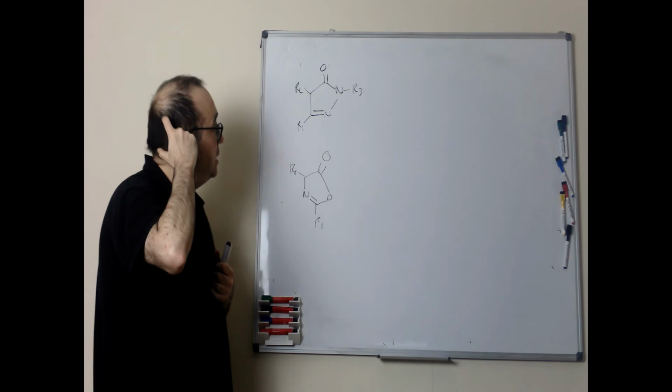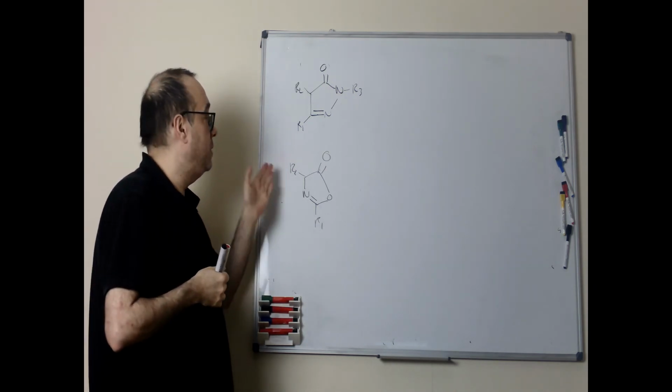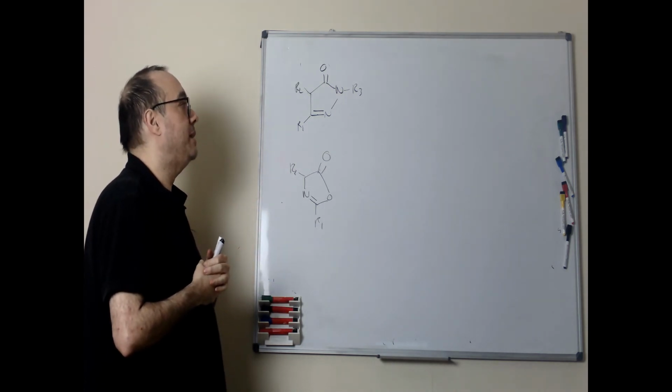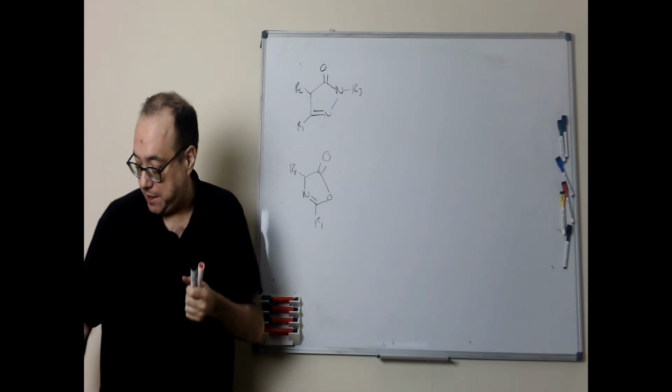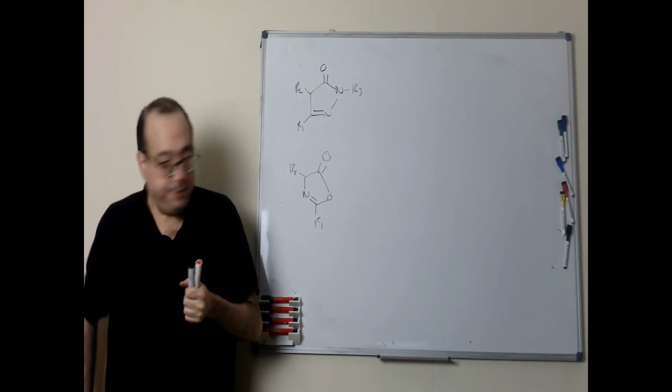These two compounds are very important because they are precursors for the synthesis of alpha amino acids or beta amino acids. Okay, we will start with the pyrazolones, how we can synthesize them.